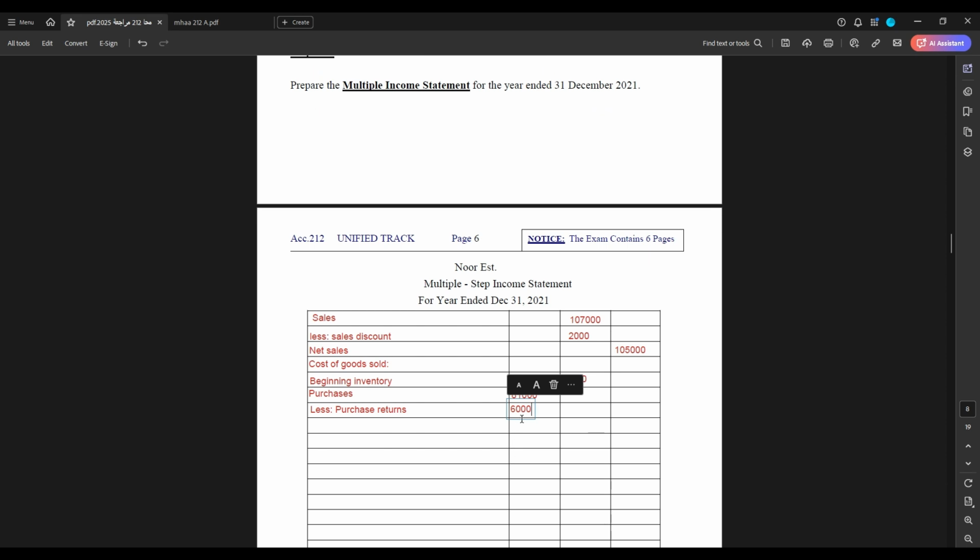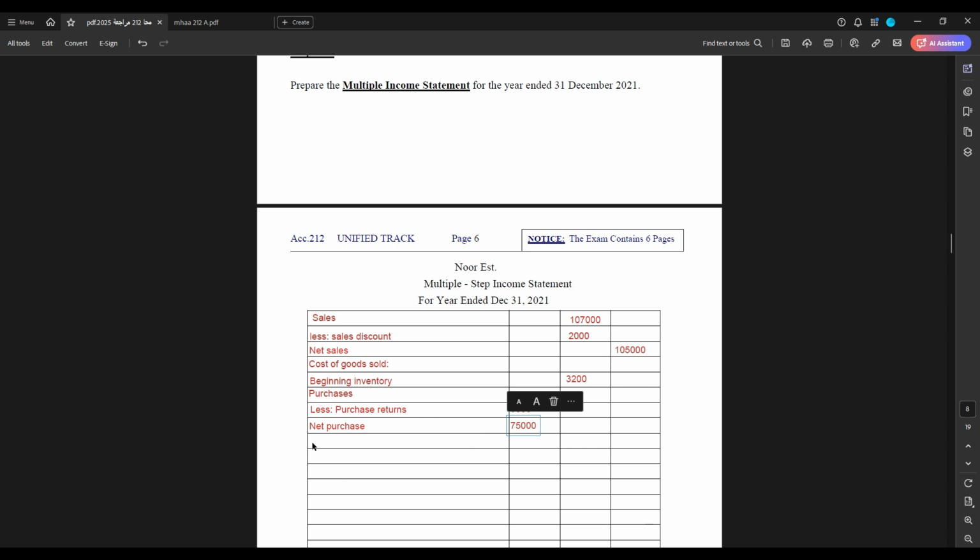So 81,000 minus 6,000 will give us net purchase of 75,000.